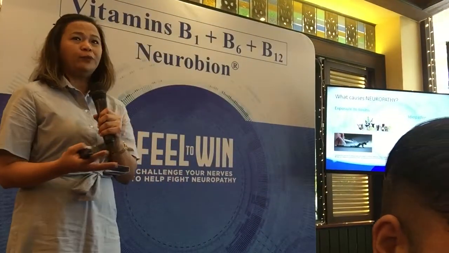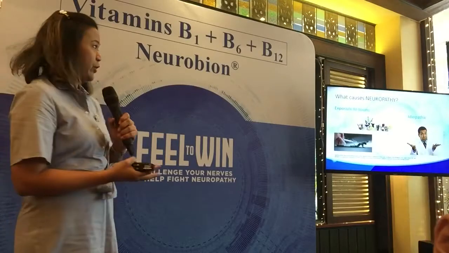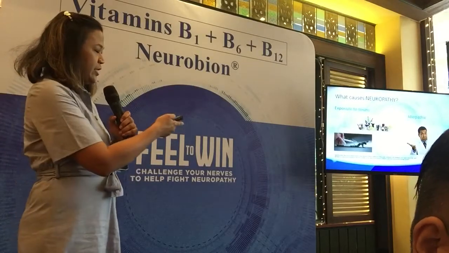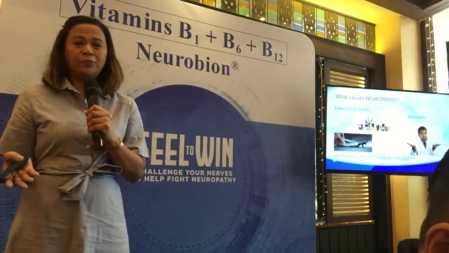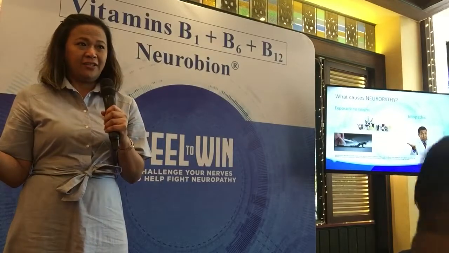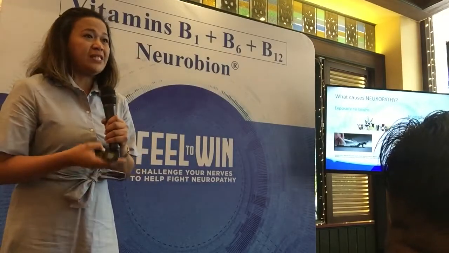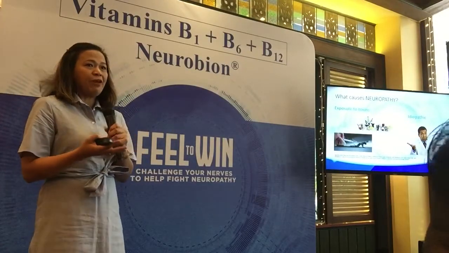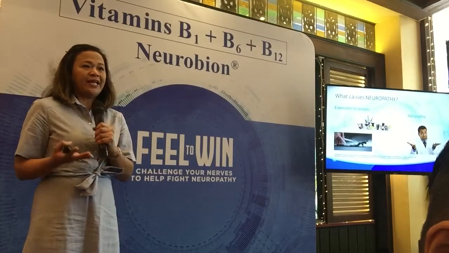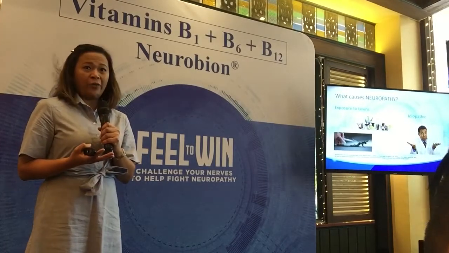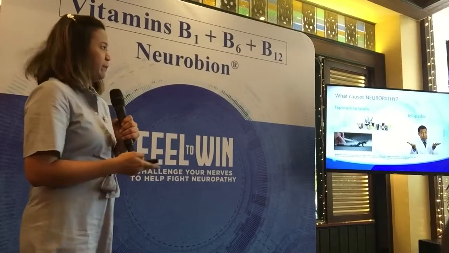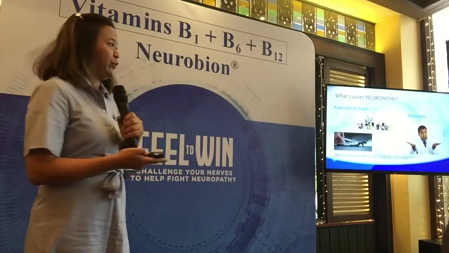These are all forms of toxins that can damage our nerves. And as you see here, it's idiopathic. What do we mean by idiopathic? We don't know. It means it's unknown. Sometimes we have nerve damage, but we cannot identify what is causing it. Actually, that's the second most common.